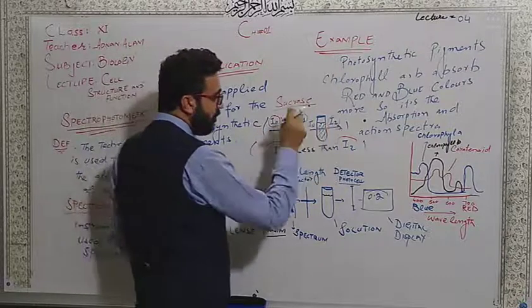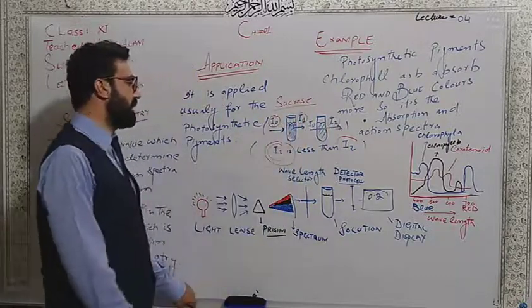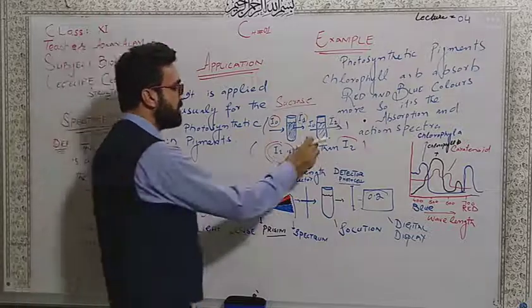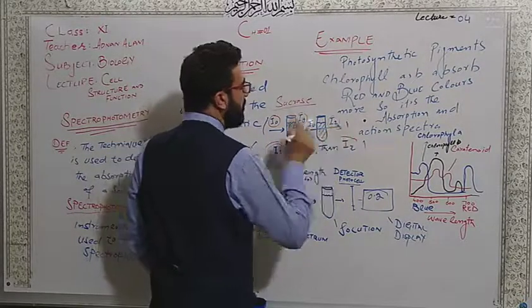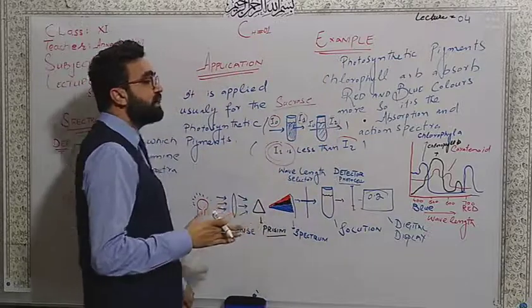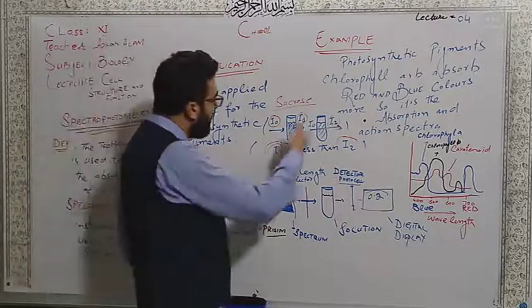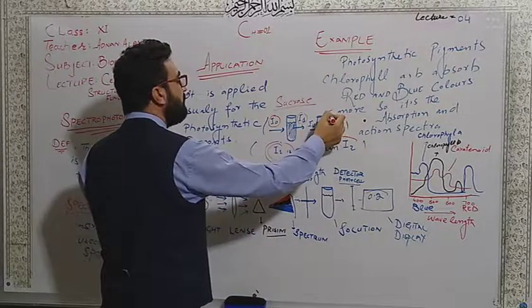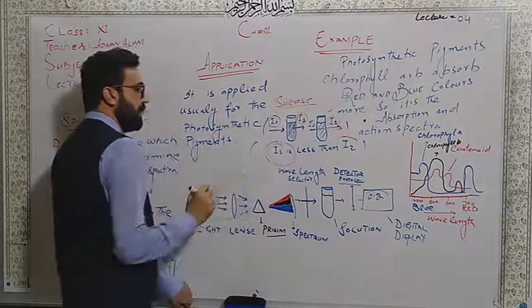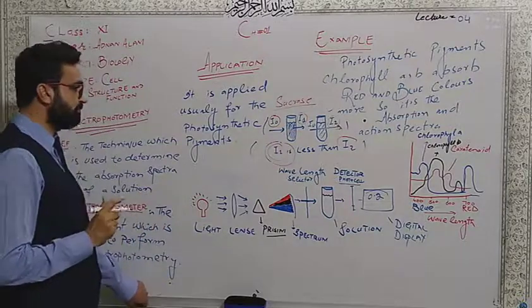And here we have a low concentration of sucrose or sugar. That's why more light is allowed to pass through. That's why the I2 amount will be high as compared to the I1 amount.